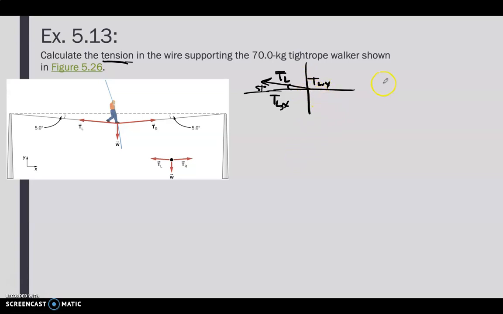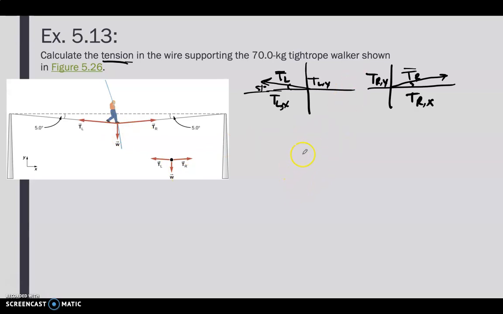And we have a similar one on the right side. This is T_R, and again, 5 degrees here. And we have T_R,x and T_R,y. And then our weight is just in that negative y direction.